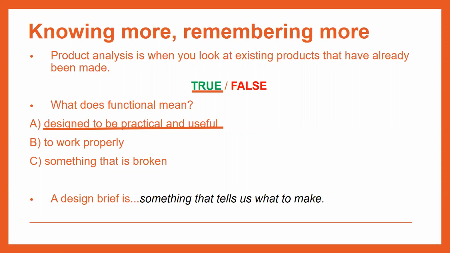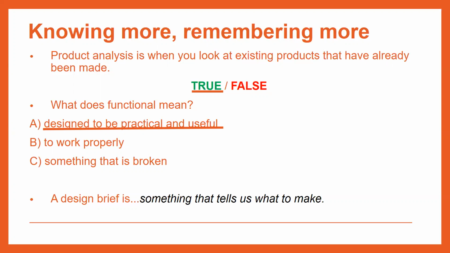Okay, welcome back. So we'll go through our answers now. Product analysis is when you look at existing products that have already been made. That is true. We did that last week where we looked at the different types of bags that were available on the market, and we were analysing products that already existed. The second one, what does functional mean?